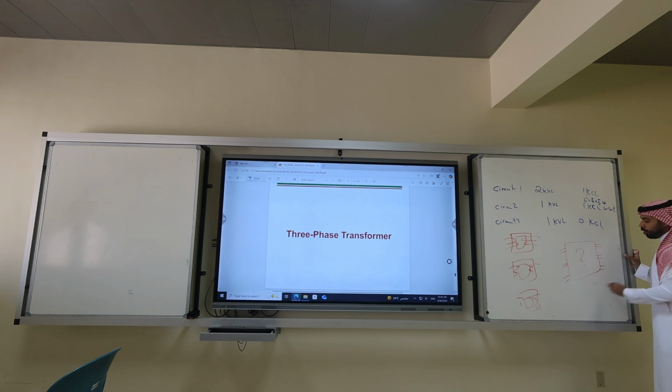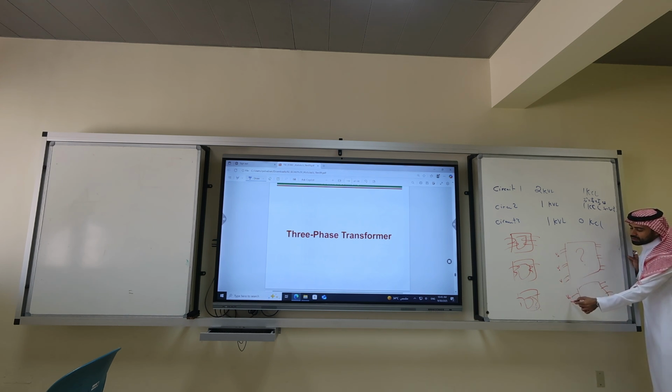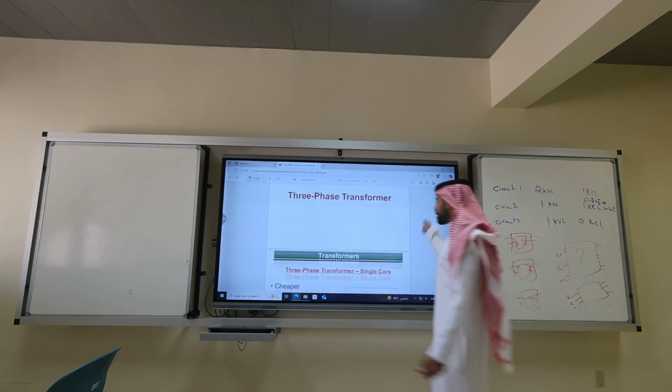Or if I'm using line to line, this one I have V phase A, VB, VC. Here I have VA, VB, VC, but here AN, BN, CN. I can have 6, well, I don't care for now. So let's say you measure these 3 transformers, how they look like.